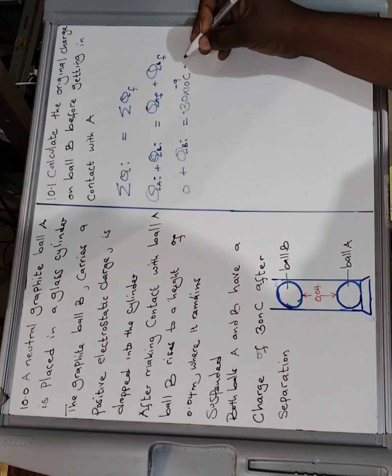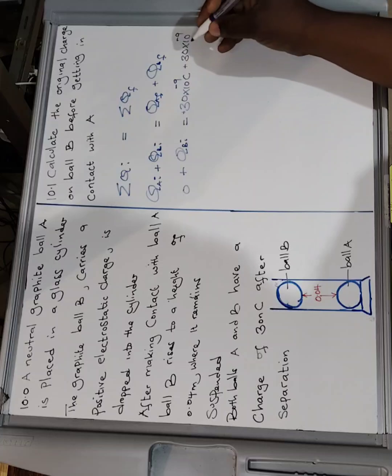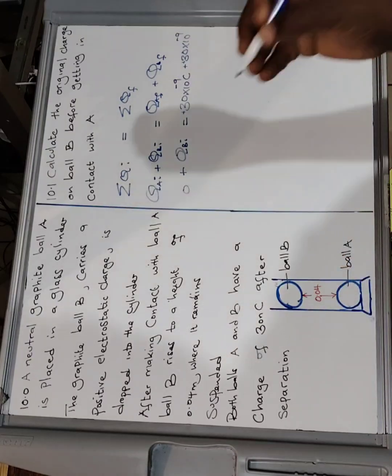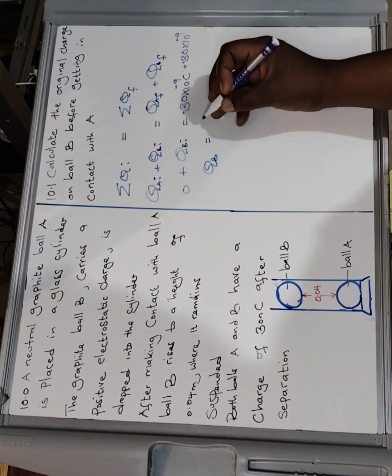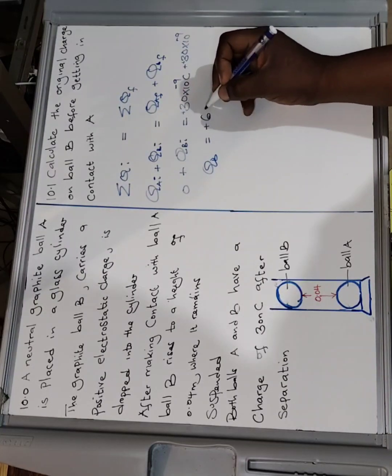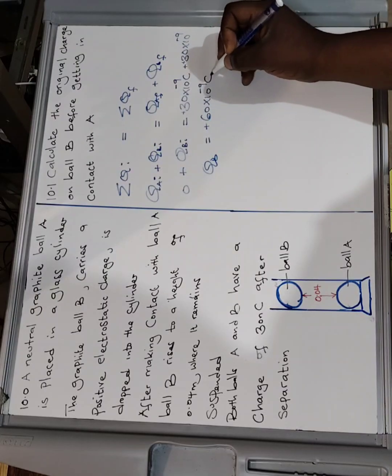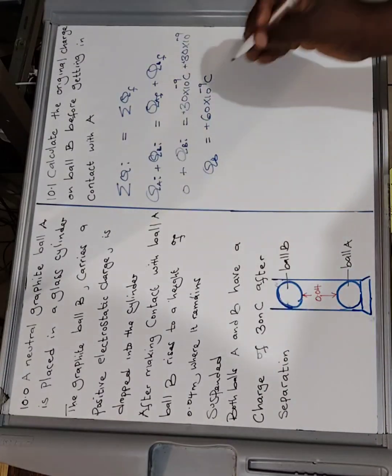So here, the other one is also going to be 30 times 10 power minus 9. Now calculating the initial charge on B, what is it going to be? The charge on B is going to be equal to plus 60 times 10 power minus 9 coulomb. Okay, that is that.